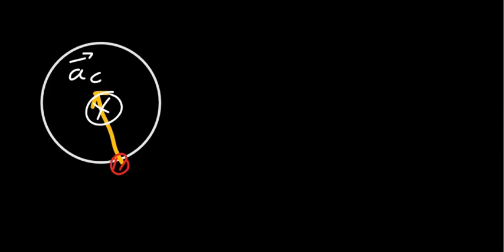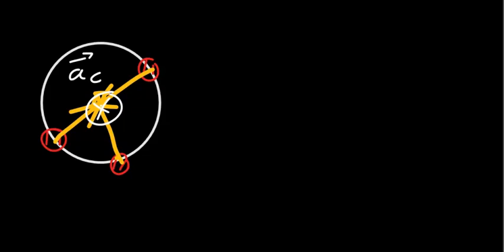Using the same analysis, we can show that when the object reaches, let's say here, the centripetal acceleration will go again towards the center in that manner. And when the object is, let's say, here, the centripetal acceleration is going like that, and so on and so forth. So there we have it.